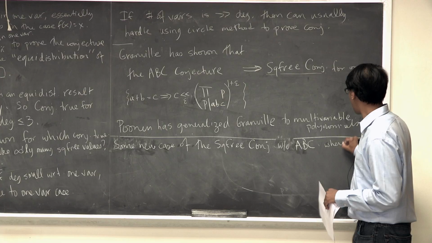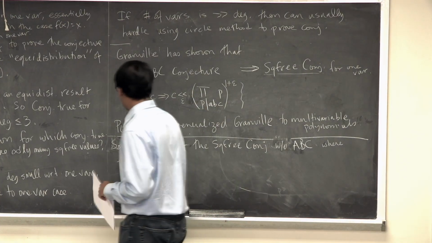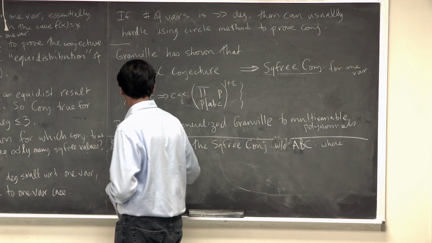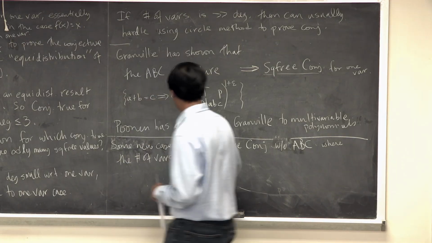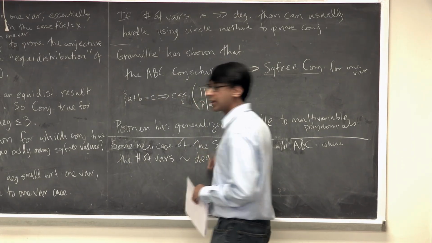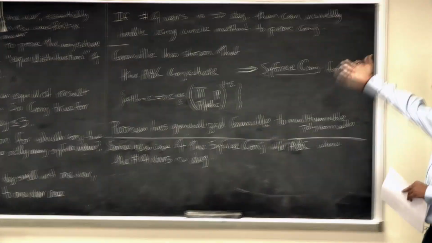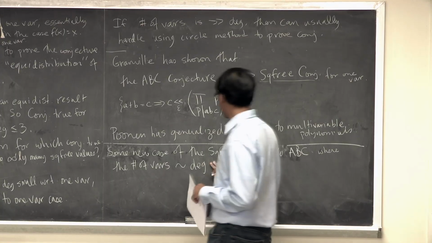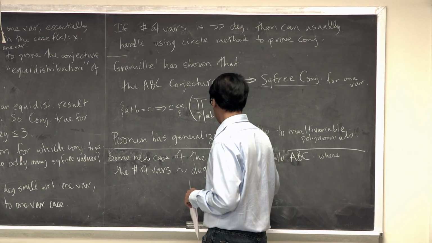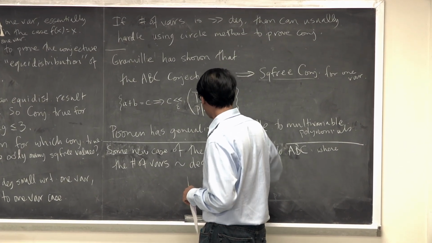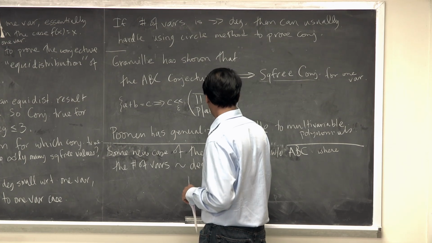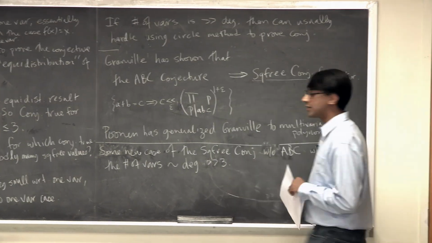So these new cases have the property that the number of variables is about the same size as the degree, and the degree is large. So the degree is greater than 3 in each variable.